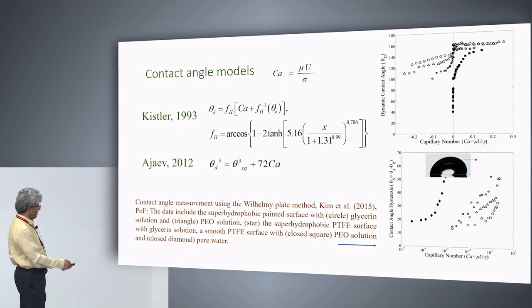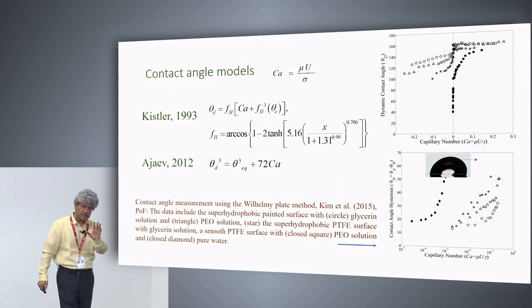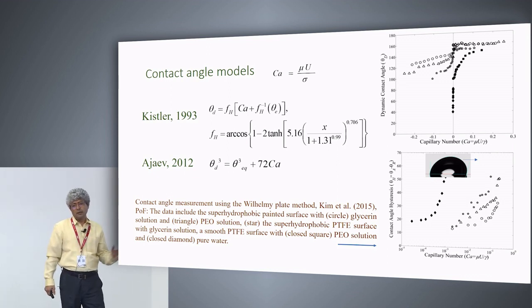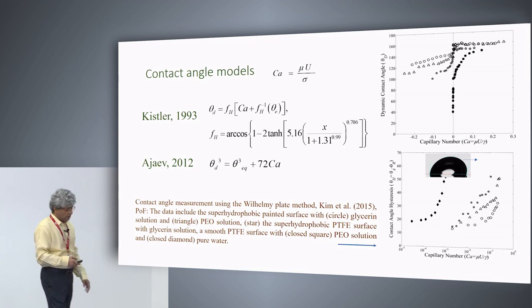This data is from 2015, but prior to it, people had set up some models, essentially to model this. You can see that on the positive side, contact angle increases with capillary number. So that part was modeled.